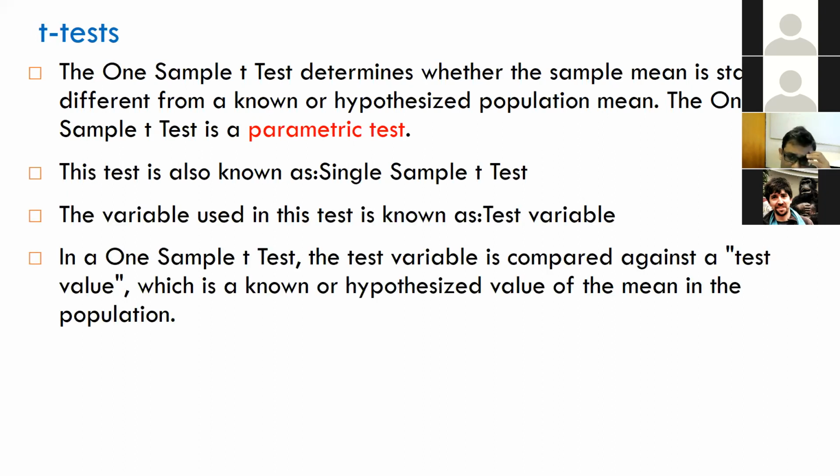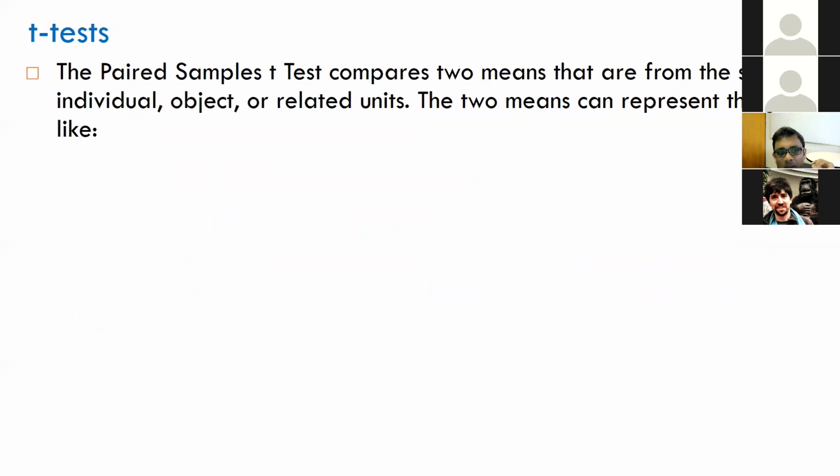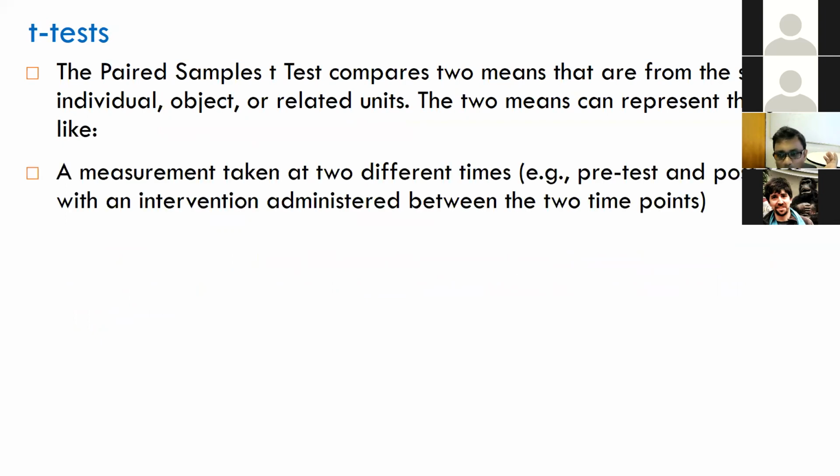So a one sample t-test is compared against a single value, which you know. And then the paired test compares two means that are paired. What is paired? Let's say you measure the effect of a drug on the same person before and after.